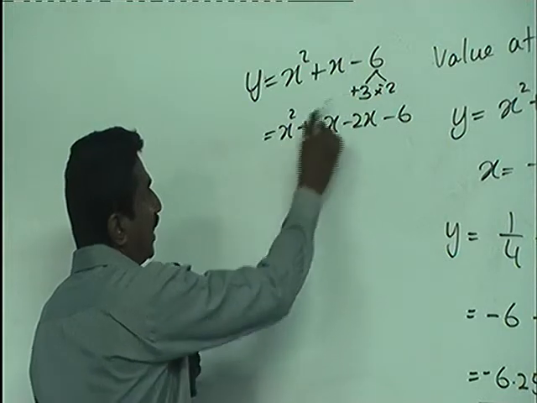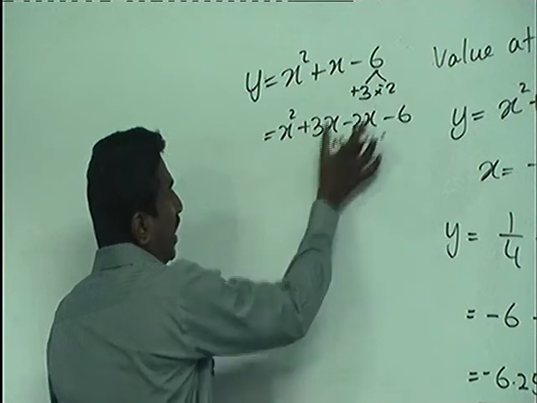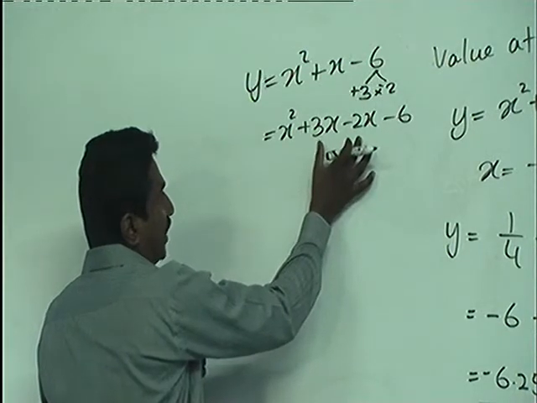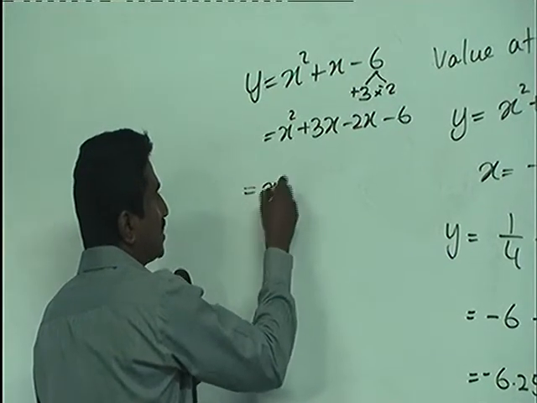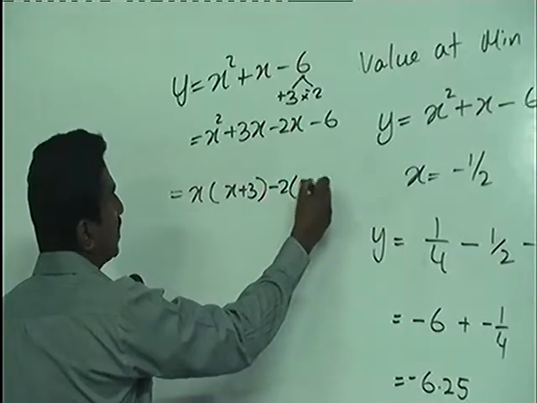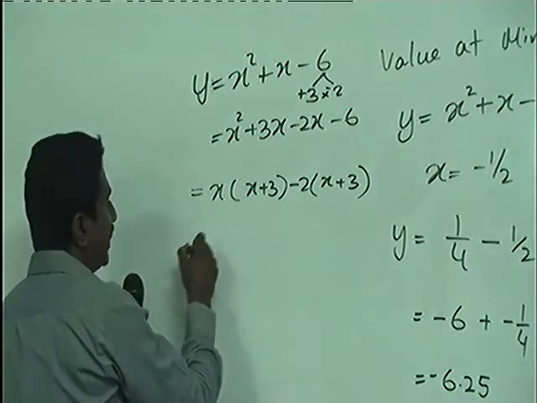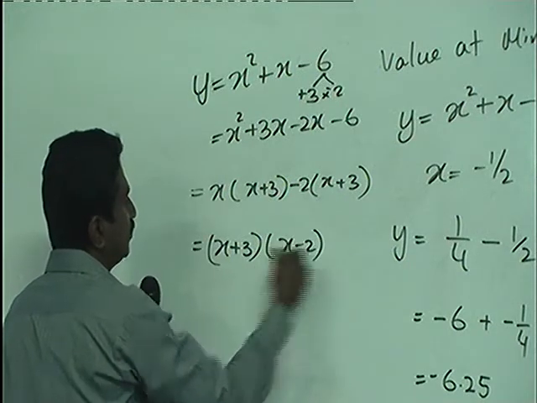But manually, I can use the factoring method. Separate minus 6 into two components, and I write it here, 3x minus 2x. Then I take the common factor from the first two, x plus 3, and from the second two, minus 2, again x plus 3. So here we have x plus 3 and x minus 2.